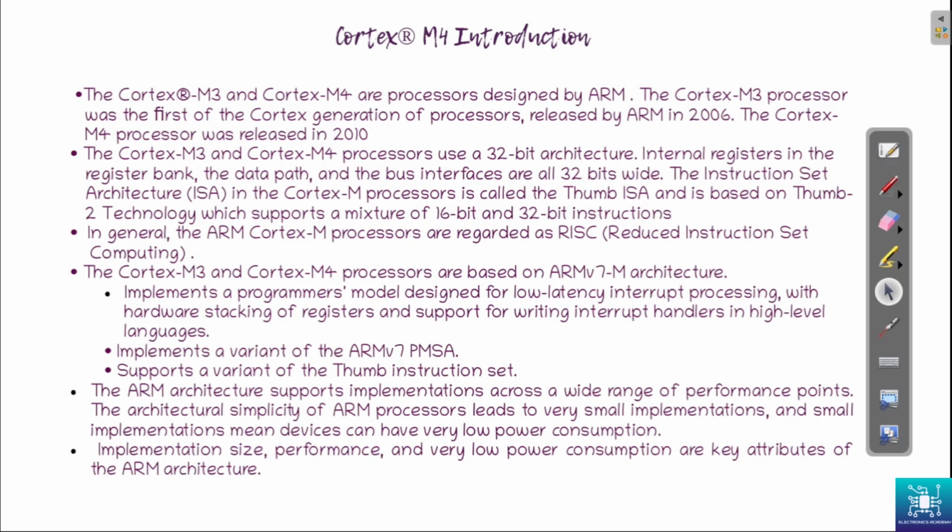So going ahead, the Cortex M3 and M4 processors are designed by ARM, and the Cortex M3 processor was the first of the Cortex generation of processors, released by ARM in 2006. The Cortex M4 processor was released in 2010. Now, most of you will be aware of microcontrollers and processors.